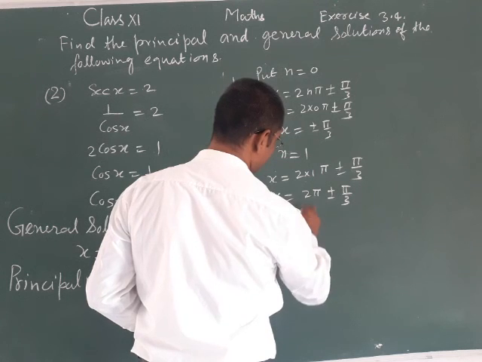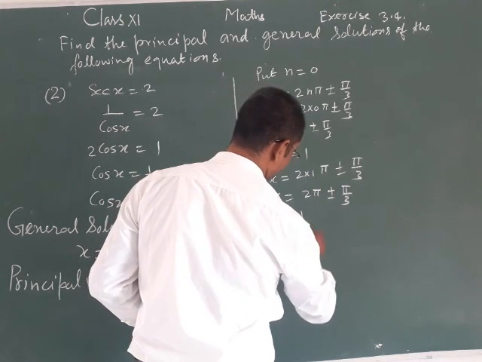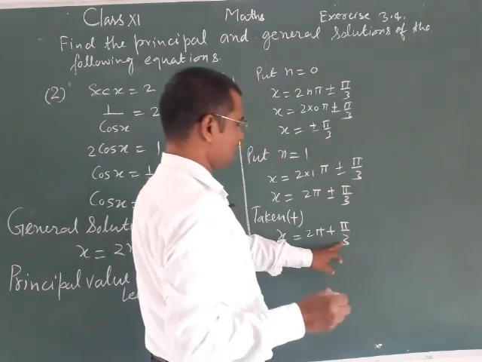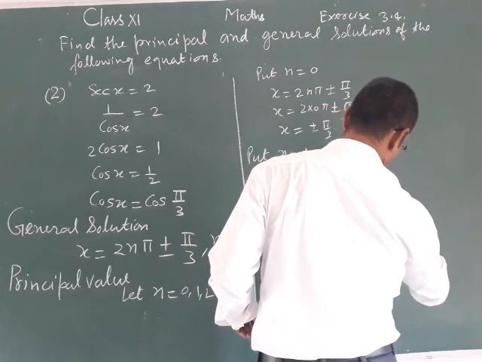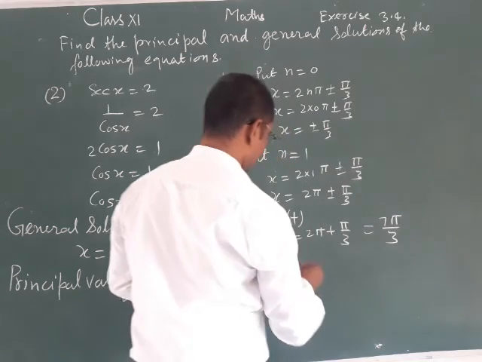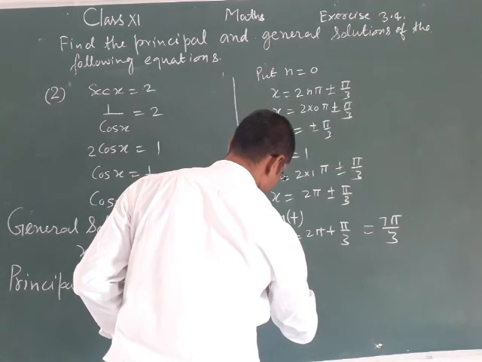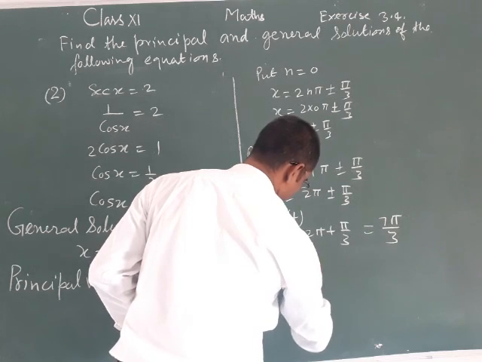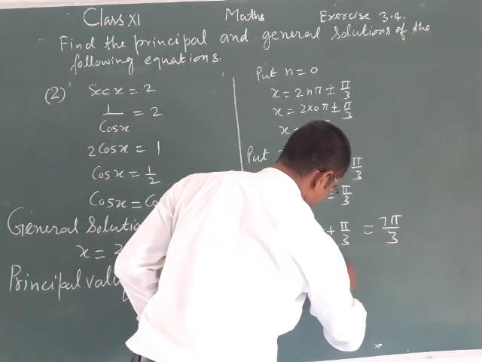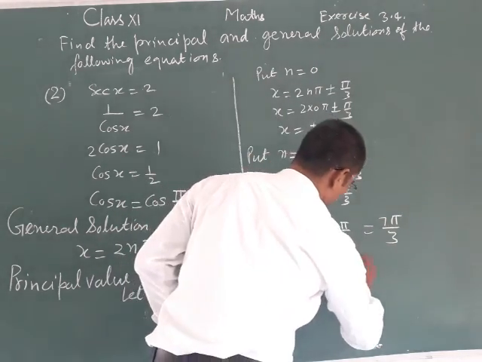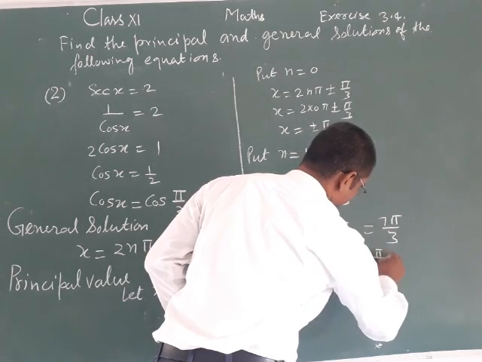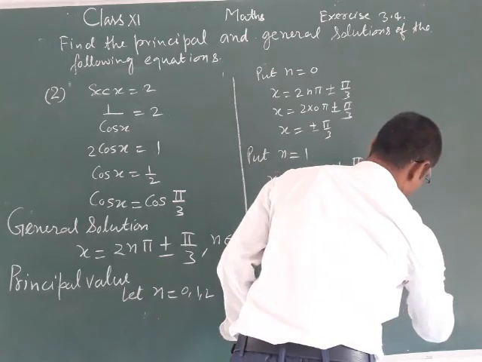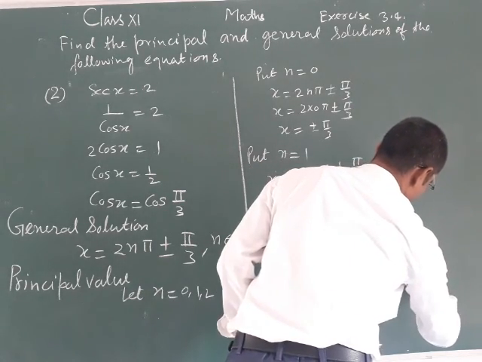Taking positive, x is equal to 2 pi plus pi by 3, so we get 7 pi by 3. And also taking the negative value, x is equal to 2 pi minus pi by 3, so 5 pi by 3.